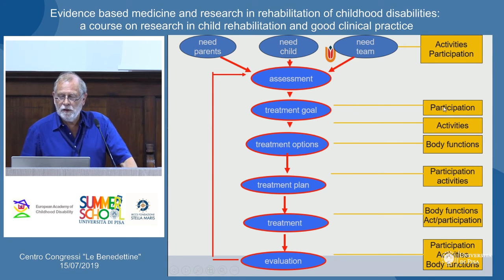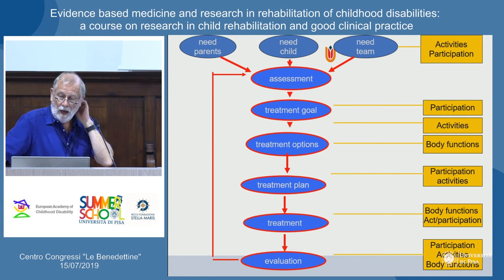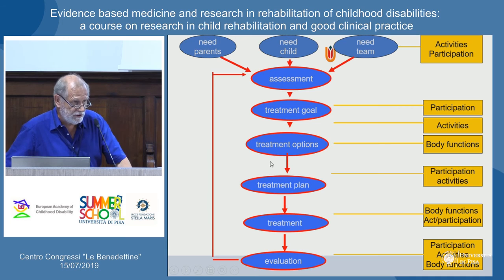But the treatment goals came from the goal attainment scaling, and they were on the level of participation and activities, and some were perhaps on the level of body function, like pain and comfort with sitting. The treatment options we have are mainly focused on body function.